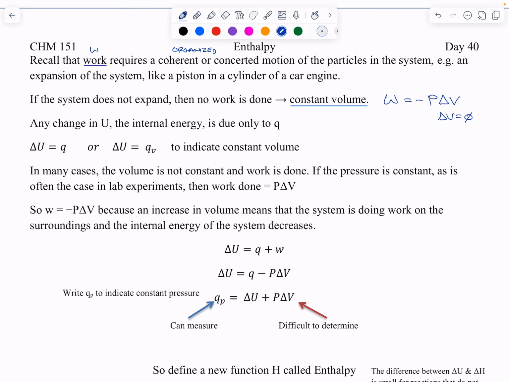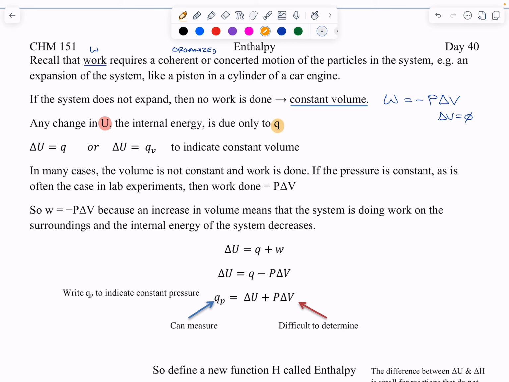So work is 0. Therefore, any change in the internal energy, U here, any change in that is only due to the heat.